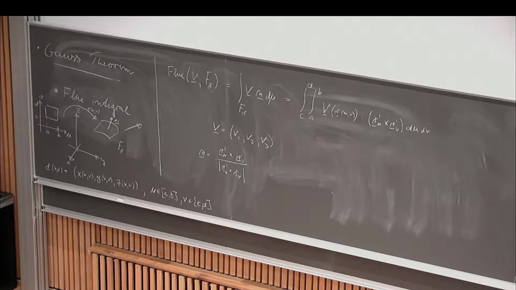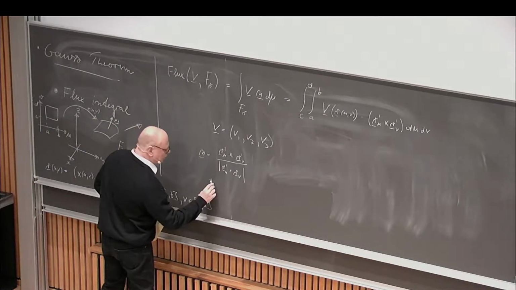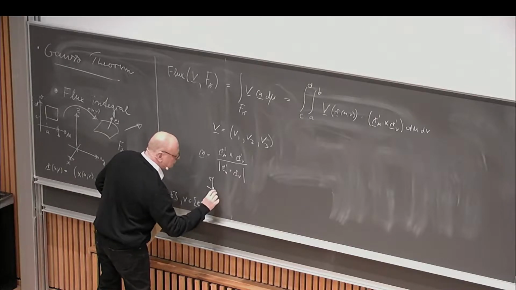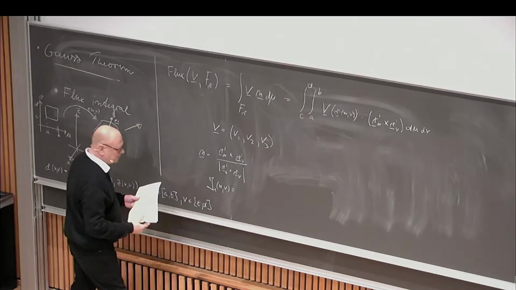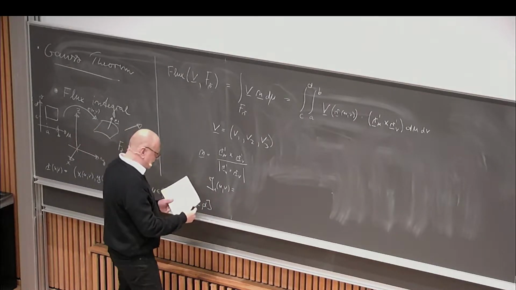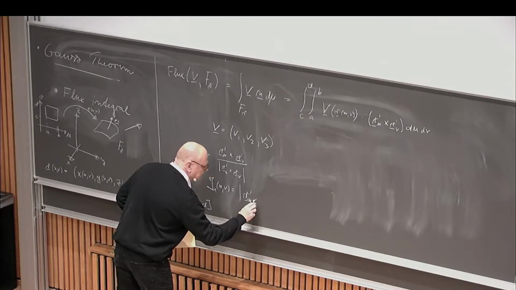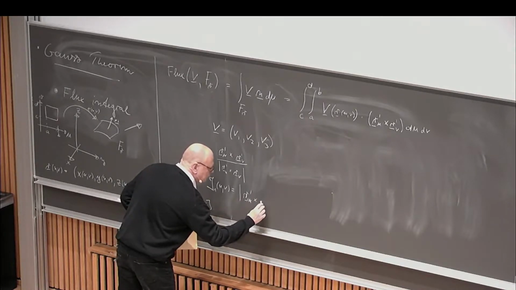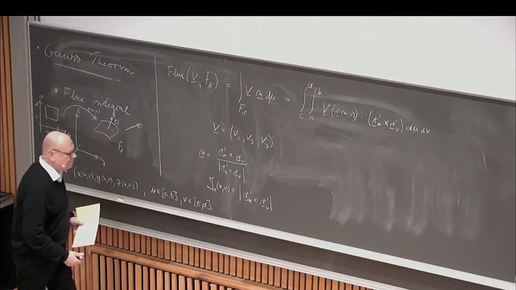But when you compute this double integral, you should remember the Jacobian. The Jacobian for this parametric representation is given by the length of the normal vector, so the length of r_u, the derivative with respect to u, cross r_v, the derivative with respect to v.